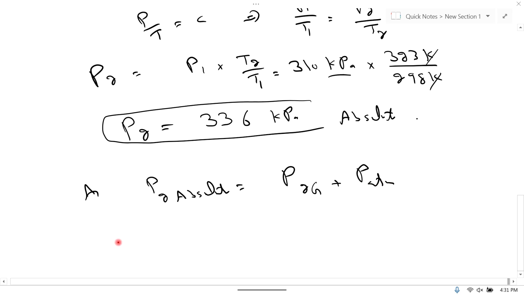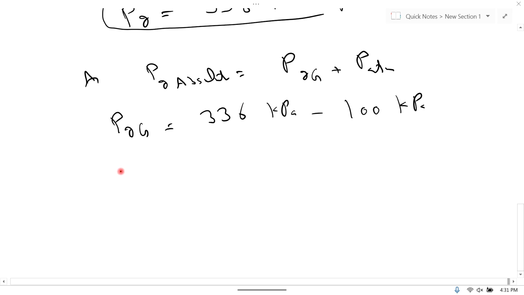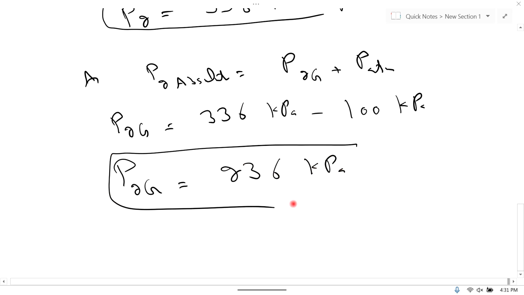So P2 gauge is P2 absolute minus P atm, which is 336 kilopascal minus 100 kilopascal. So P2 gauge pressure is equal to 236 kilopascal. This is the gauge pressure.